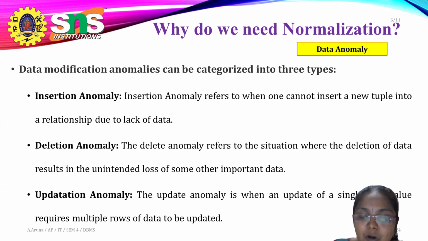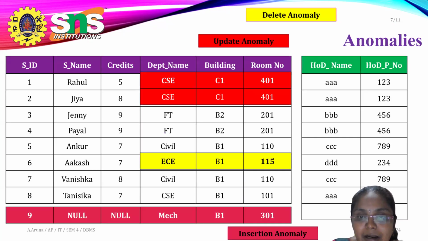This can cause an unintended loss of data. And for update, if I update in one place but not in other places, or if multiple rows are present, this also causes an error. These types of anomalies we call data anomalies.